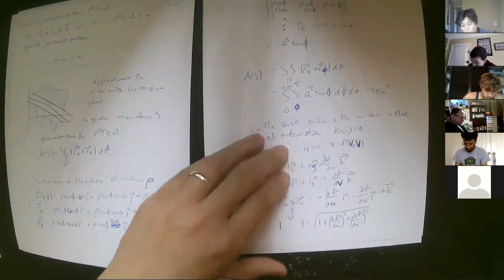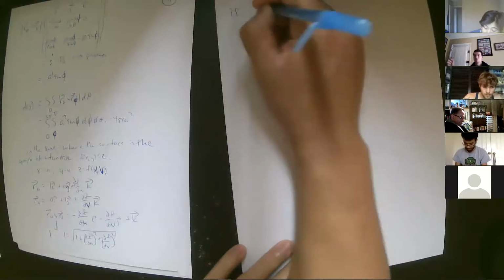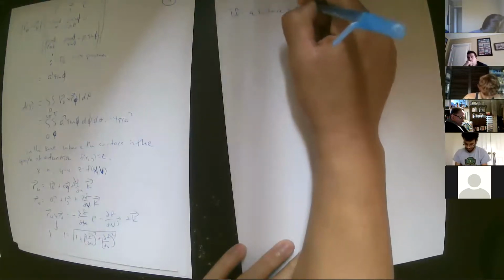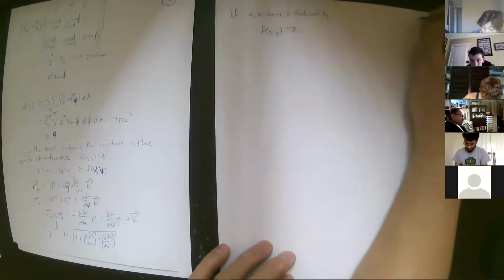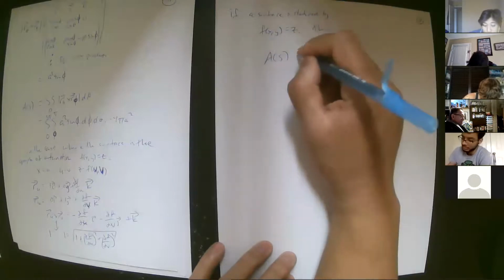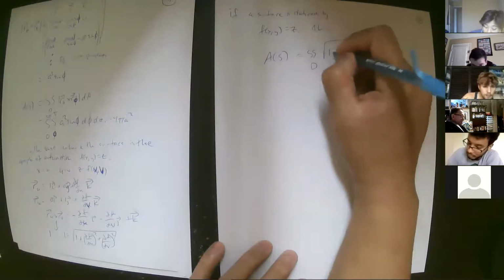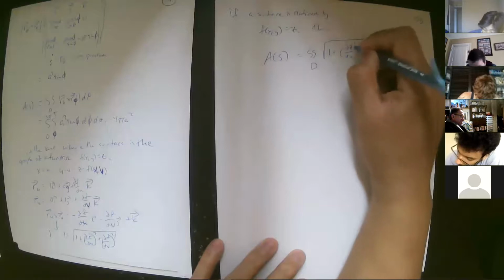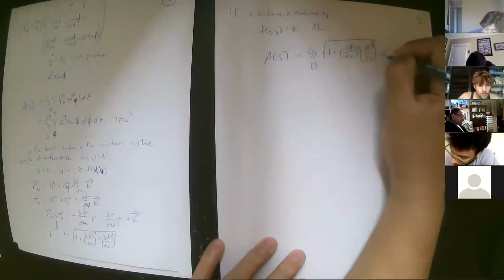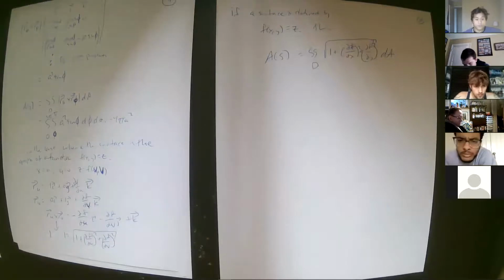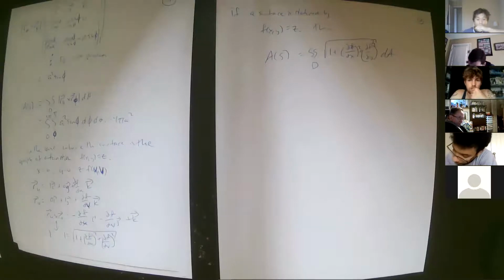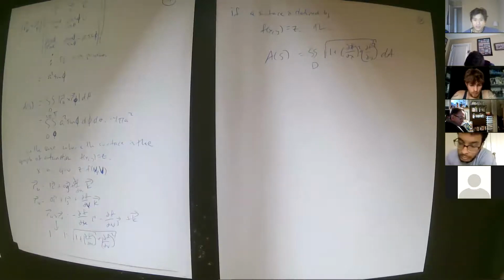That says if a surface is defined by f of x, y equals z, then the area of S is the integral over the region of the square root of 1 plus df dx squared plus df dy squared dA. Any questions?